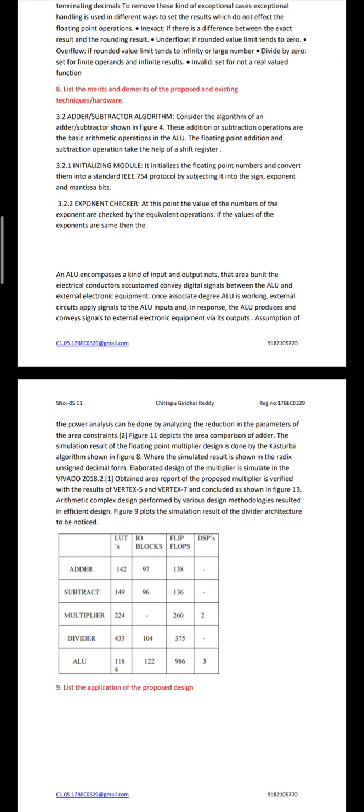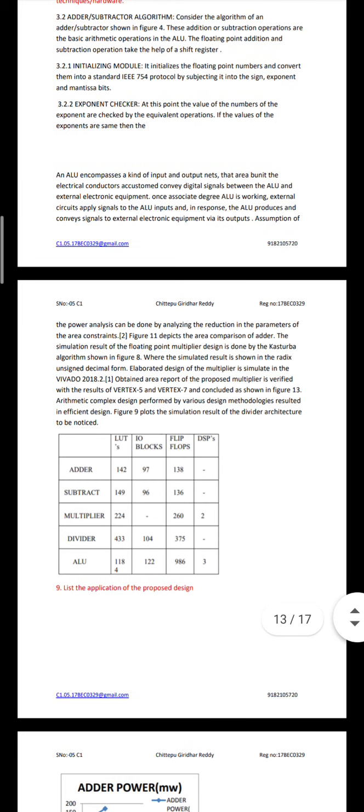The initializing module initializes the floating point numbers and converts them into the standard IEEE 754 protocol by splitting them into sign, exponent, mantissa bits, and exponent checker.